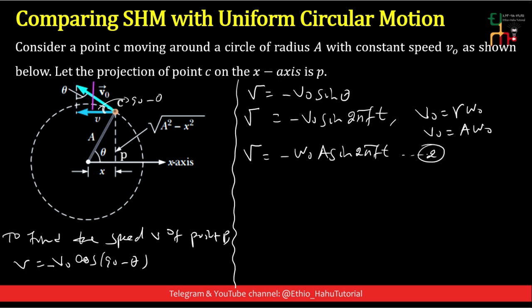Next, let's find the period of revolution of point C around this circle and the period of oscillation of point P once along the x-axis.